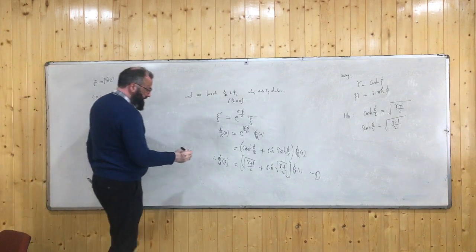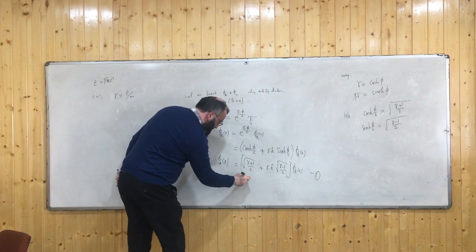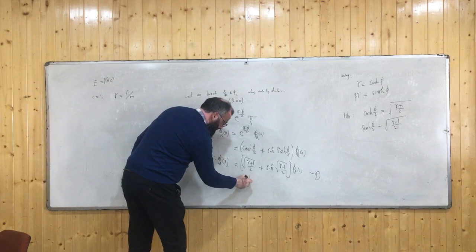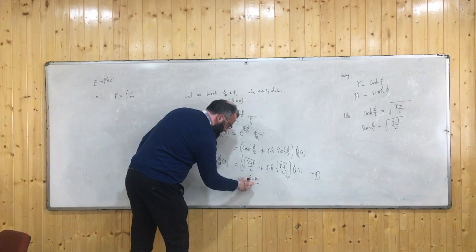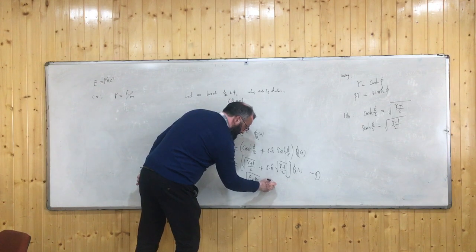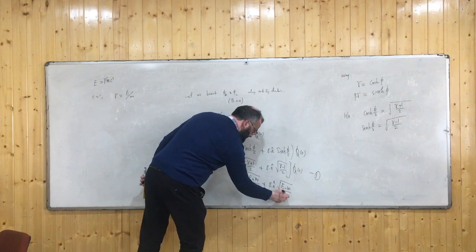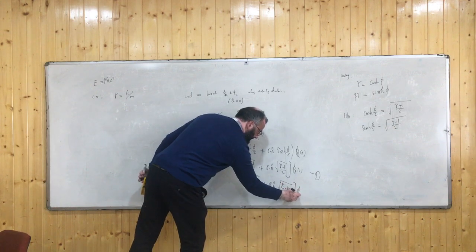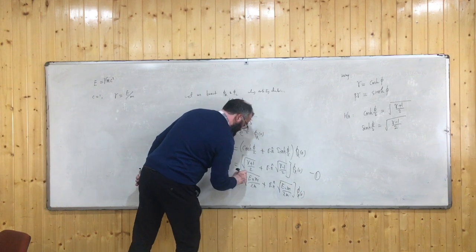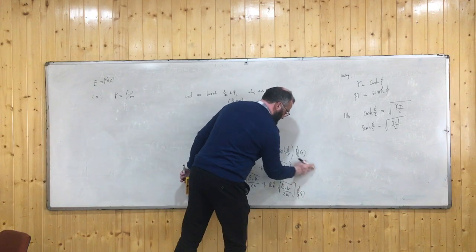So this will simply be root of E plus m divided by 2m, plus sigma dot n times root of E minus m divided by 2m, acting on phi r of 0.